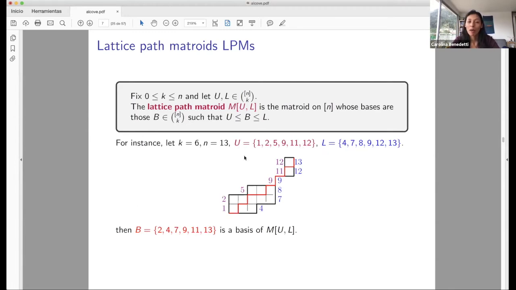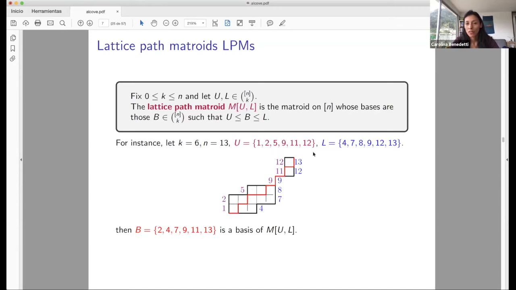This upper path is a path that allows you to go from the origin, or from the southwest corner, to the northeast corner in a grid of size k by n minus k. In this case, my grid has 6 rows and n minus k columns, and my upper path I draw here.